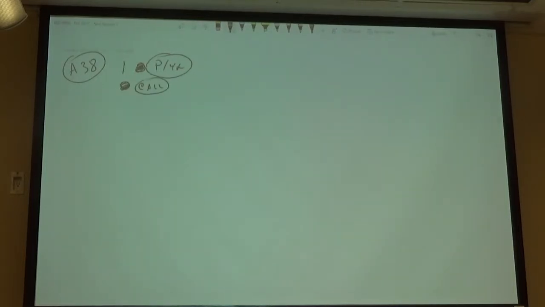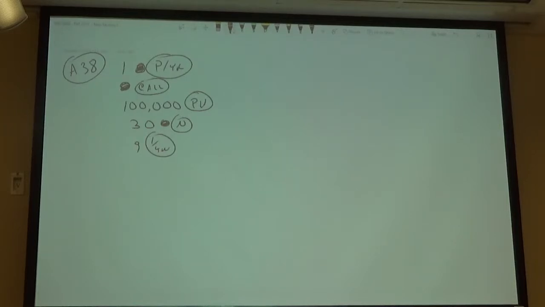All right. In this case, we've got a mortgage for $100,000. And the payment is going to be for 30 years. 9%. And what will the payment be if it's made at the end of the first year? So we're simply solving for payment.